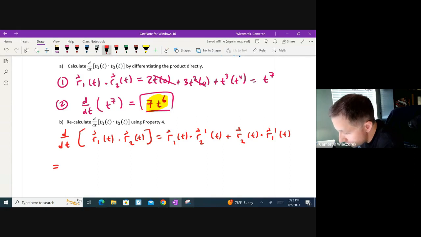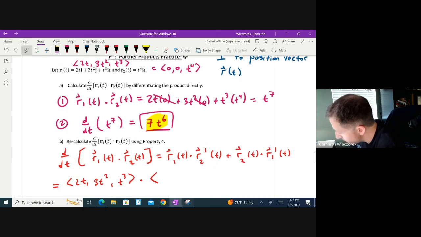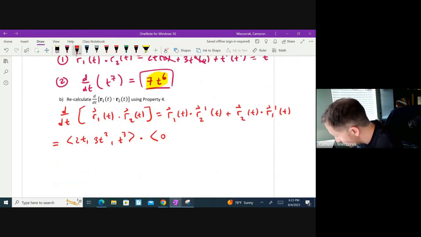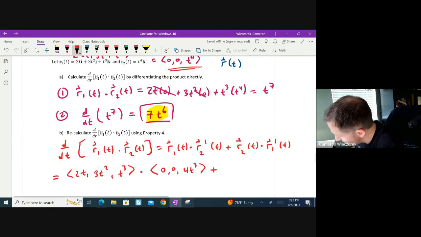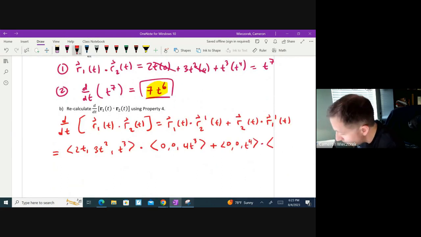Okay, in this case, here we go down here. r1 of t was 2t, 3t squared, t cubed, dotted with r2 prime. r2 prime, if we take the derivative of r2, would be 0, 0, 4t cubed, plus r2 of t was 0, 0, t to the fourth, dotted with r1 prime.